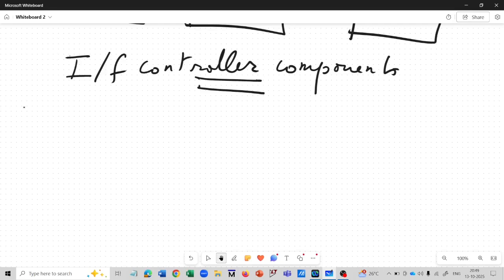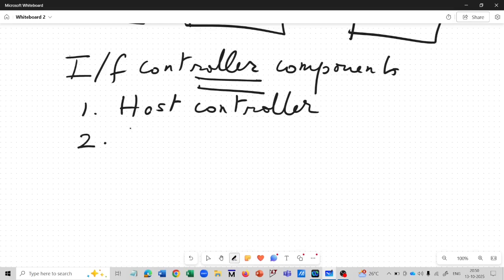Therefore, any interface controller will have a host part, which is typically a state machine concerned primarily with communicating with the processor. The idea of the host controller will crystallize when we take this design process further in the subsequent videos.